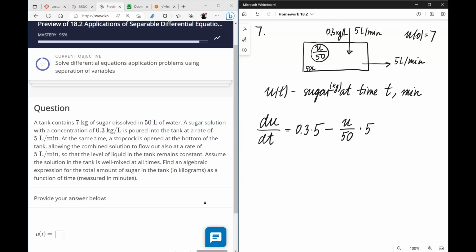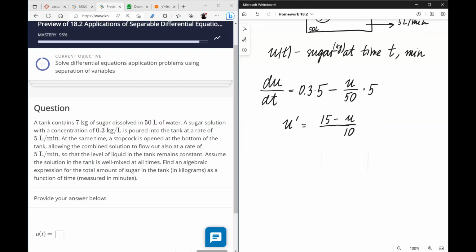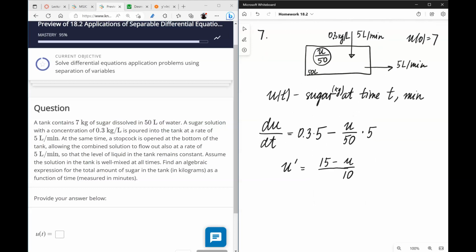So this is the equation. We can simplify it. We can rewrite it like this. Or we can even find the common denominator and write it like this. And now we can recognize that this is a separable differential equation.